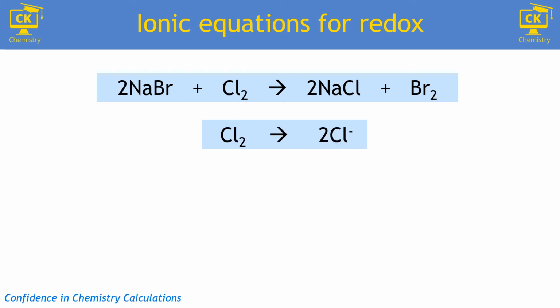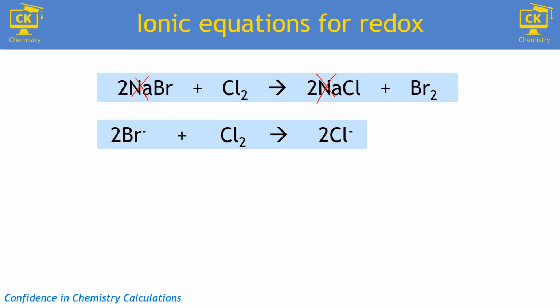Chlorine is going from Cl2 to Cl- in NaCl, the normal charge on a chloride ion, -1. There are two of them because there were two chlorines in Cl2. So remember, we don't remove the balancing numbers, we are only removing the sodiums from this equation.